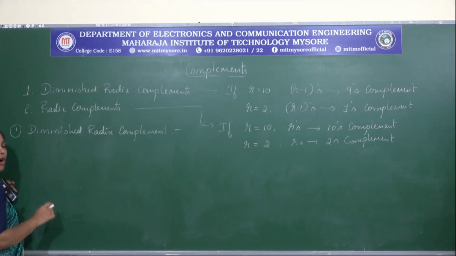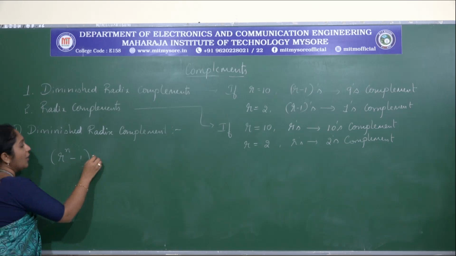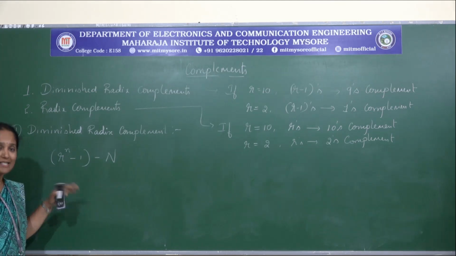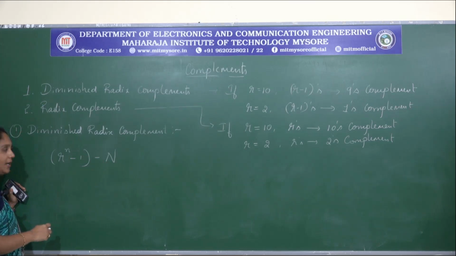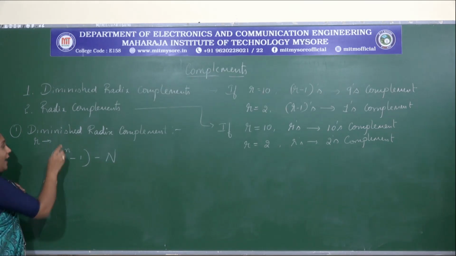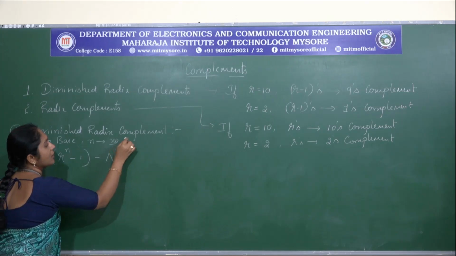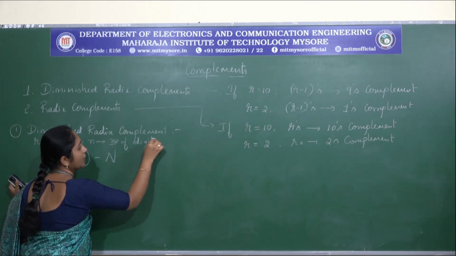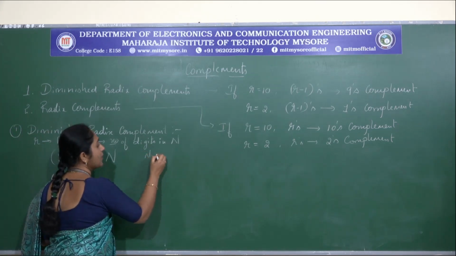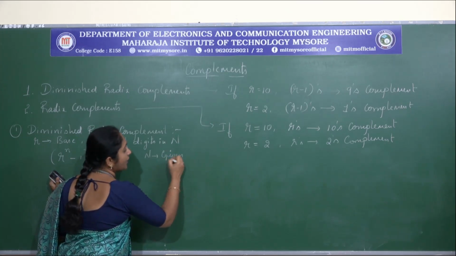The generalized formula is r to the power n minus 1, minus N. Here r is the base or radix, n is the number of digits in capital N, and capital N is the given number for which we need to obtain the complement.